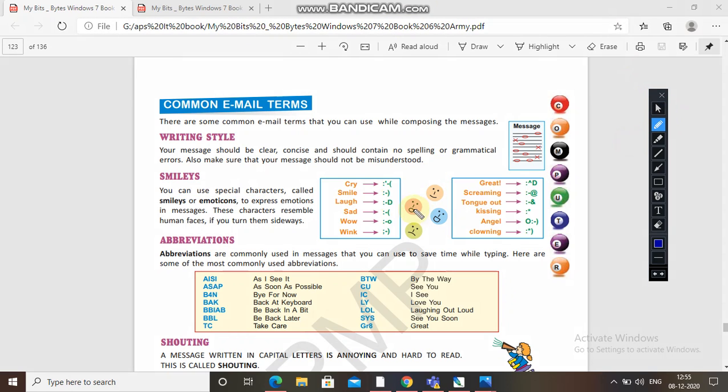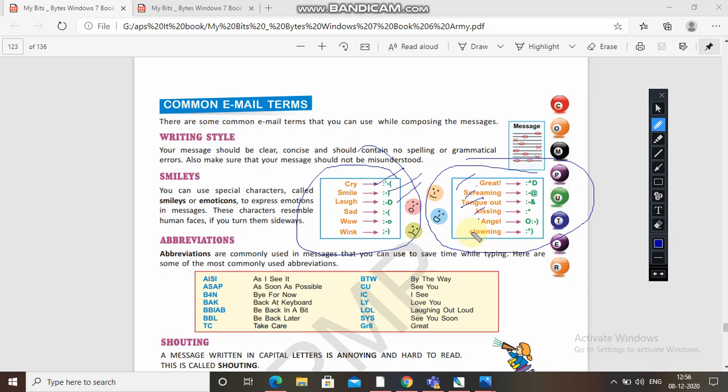It can be asked from you in the examination. Remember this: cry, smile, laugh, sad, wow, wink, great, screaming, tongue out, kissing, angel, glowing. These all show expression or emotions in the form of a message.